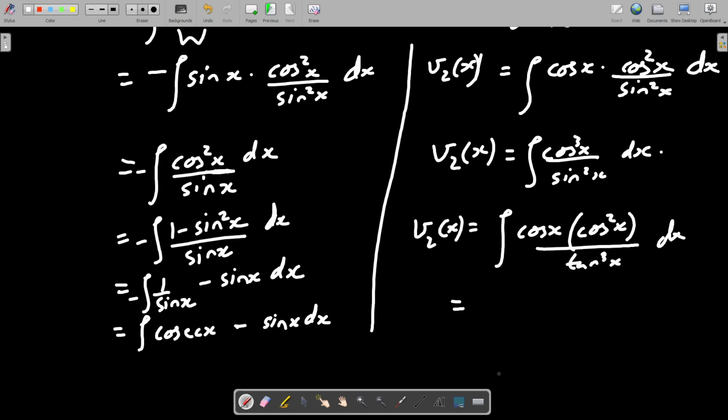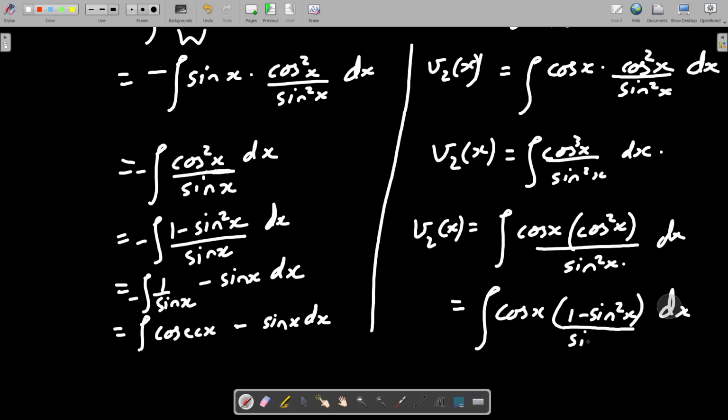So this, not tan x. 1 minus sin square x. This is going to become 1 upon sin square x.